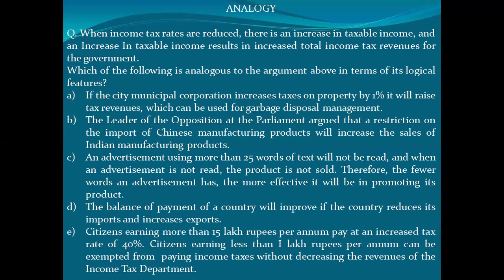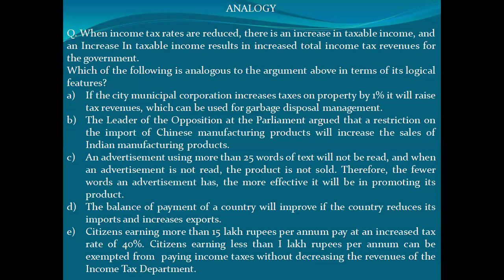When income tax rates are reduced, there is an increase in taxable income, and an increase in taxable income results in increased total income tax revenues for the government. So we had divided these things into three registers. We had taken income tax rate as X, taxable income as Y, and income tax revenue as Z, right?